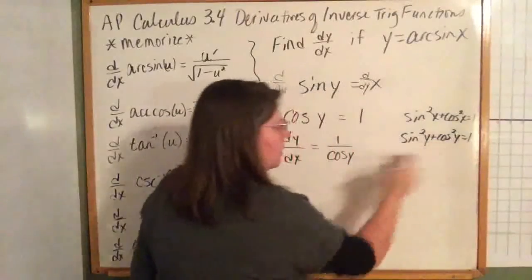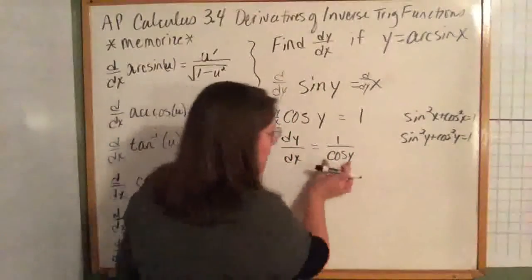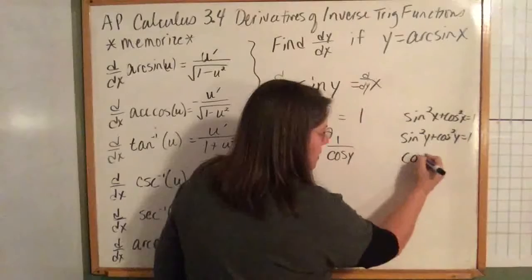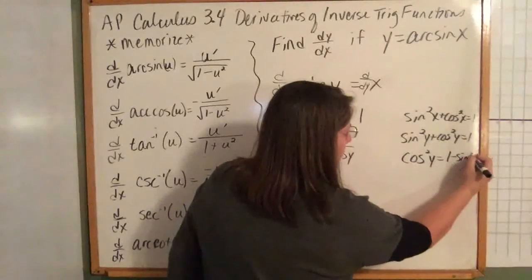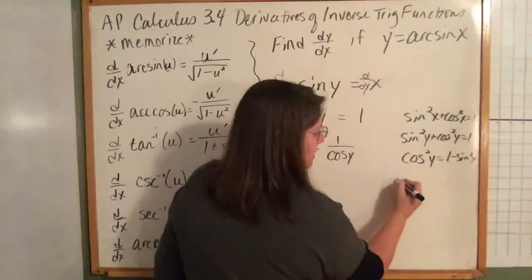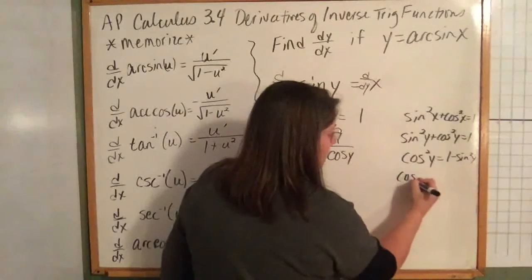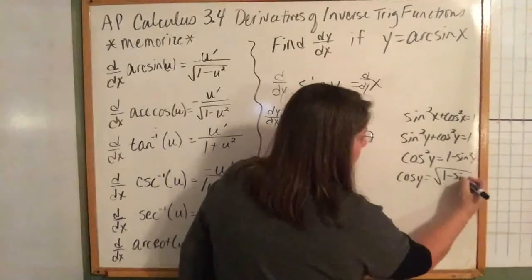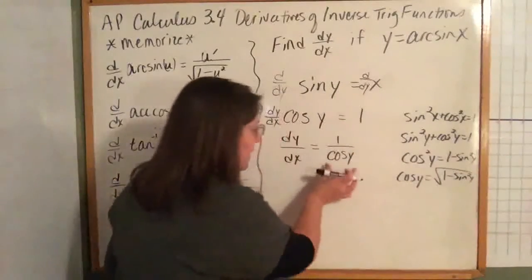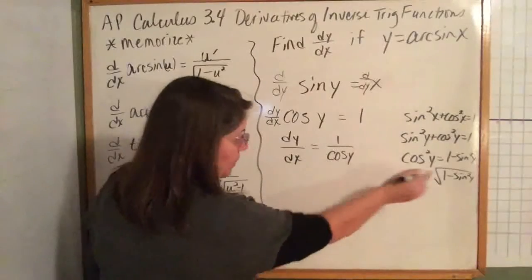It doesn't matter what we use for that angle part. If we want to get cosine of this by itself, cosine squared y equals 1 minus sine squared y, and then the square root of both sides, cosine of y, would be equal to the square root of 1 minus sine squared y. So I can replace cosine with what it equals.